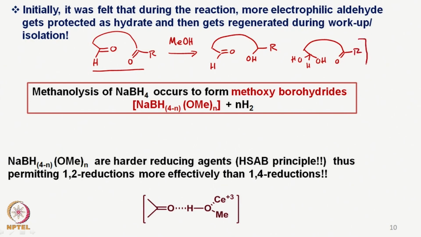So, this is the intermediate that was proposed, that under the conditions here when we have cerium chloride 7H2O, when a molecule containing both aldehyde and ketone is exposed to these conditions, the aldehyde basically gets blocked as a hydrate, and now the reduction takes place on this, because this particular oxygen atom is more Lewis basic, and therefore the cerium plus 3 coordinates with this, which is readily available.